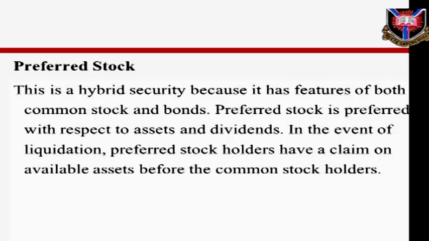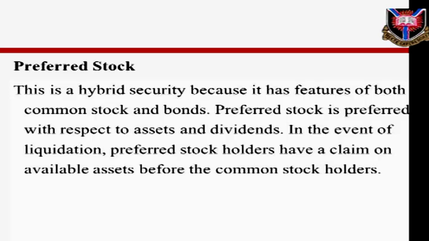Preferred stock. This is a hybrid security because it has features of both common stock and bonds. Preferred stock is preferred with respect to asset and dividend. In the event of liquidation, preferred stockholders have a claim on available assets before the common stockholders.